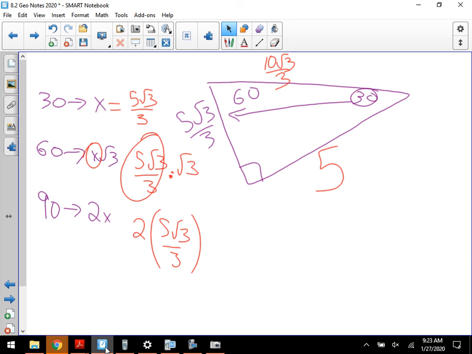If you don't have this multi-view calculator with you, you can still figure out where everything's got to go. You can still get through most of it, especially if you have the values of x or the 2x. You should be able to divide by 2. If you've got to divide by the root 3's, then I wouldn't worry about doing that. But it is super, super important to have this multi-view calculator if you want to do your work. It's a good way to see it, to check your work.